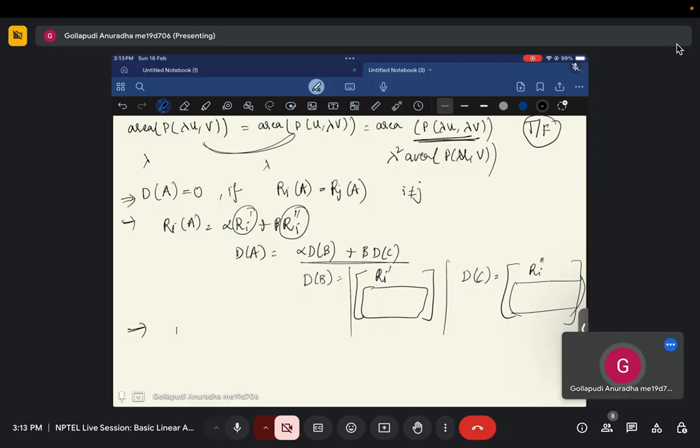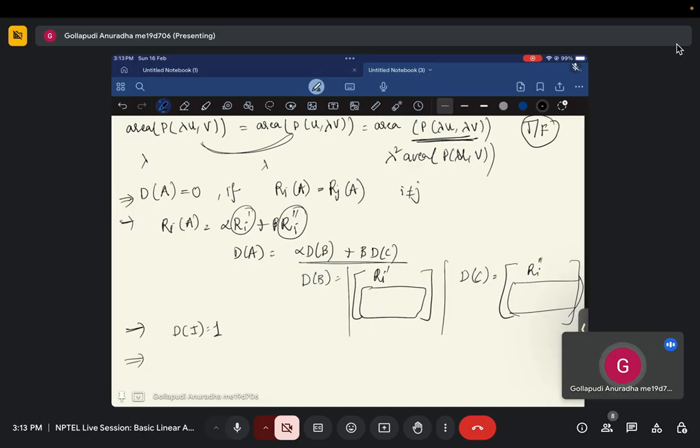And the determinant of the identity matrix is 1. And what happens if you interchange rows? The determinant will become the negative of it. So if you get a matrix B on interchanging any two rows of A, then you'll be getting the negative determinant.